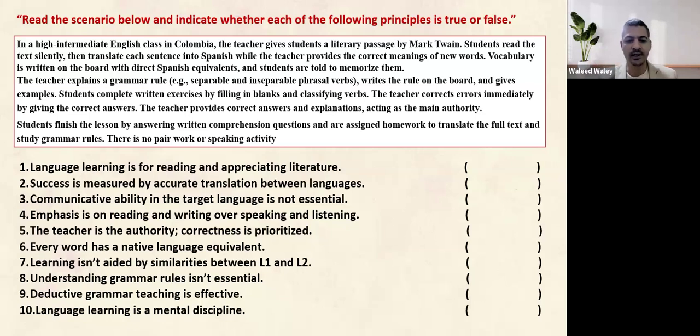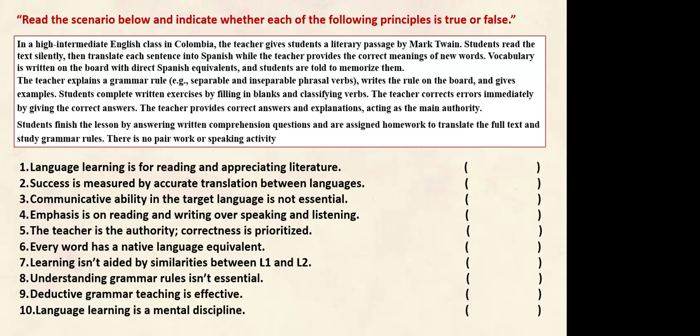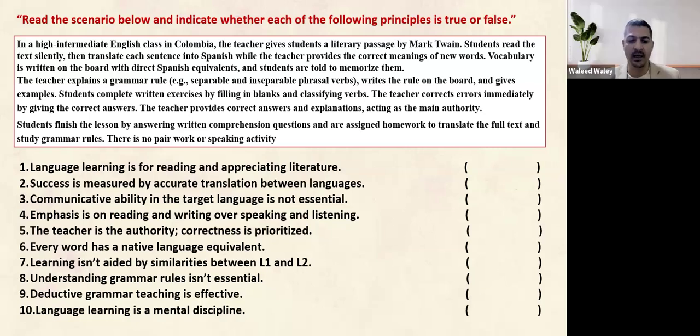Learning isn't aided by similarities between first and second language. I think it's false. Yes, it's false because learning is aided by similarities between first language and second language, because they always translated the new words directly without using pictures or realia.